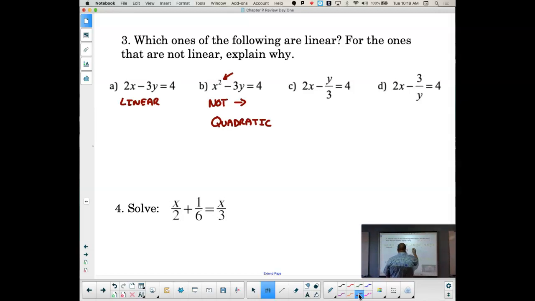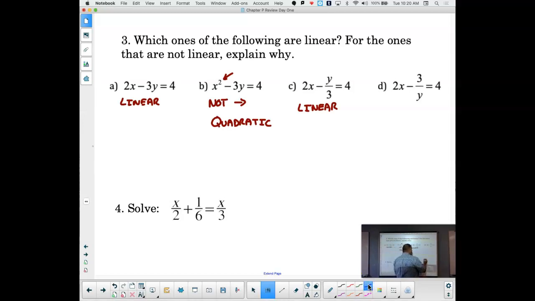C is linear again, because again, all of the exponents are positive 1. So that's another way. If we graphed it, it would be a line.